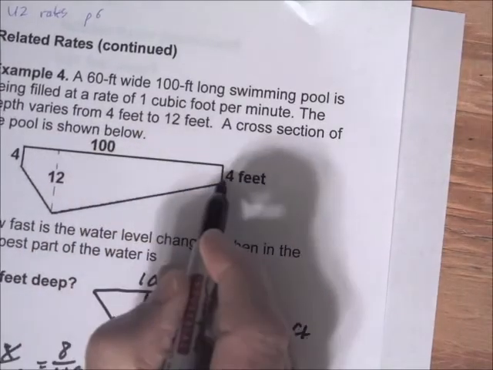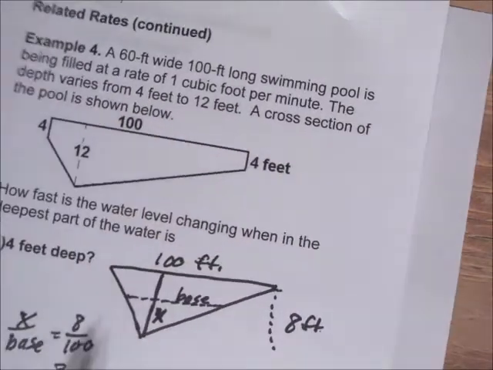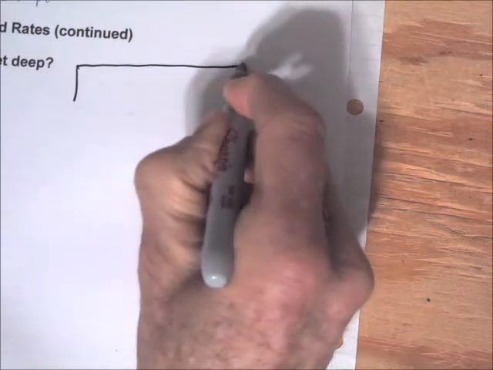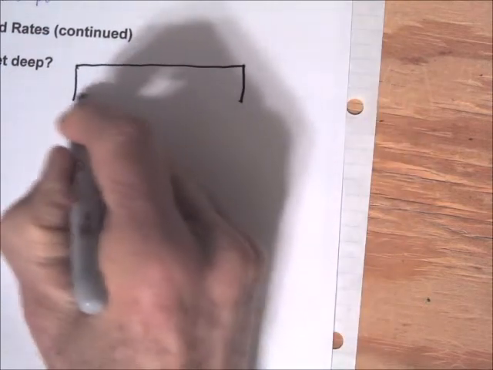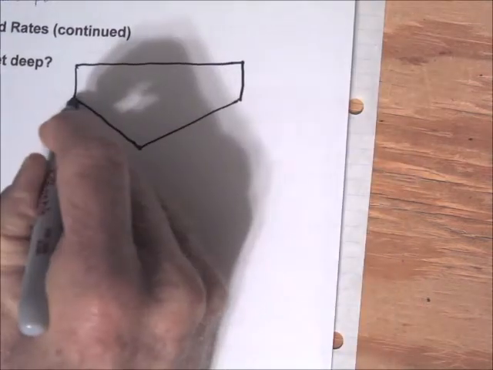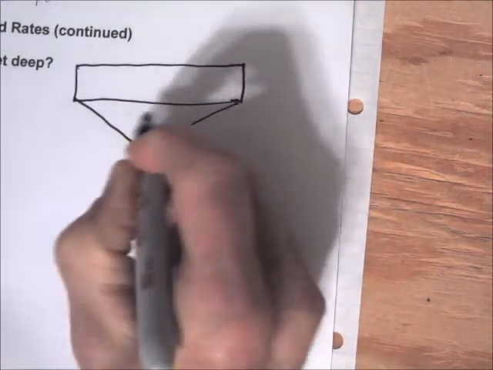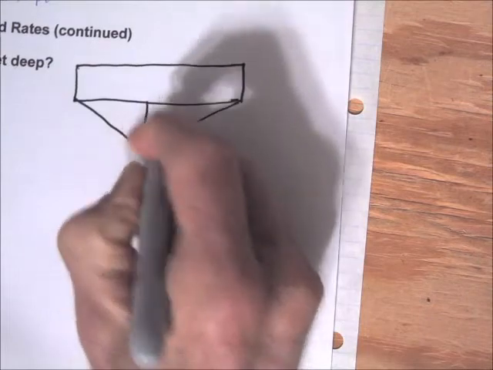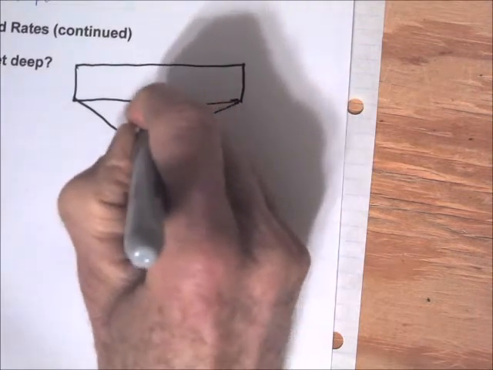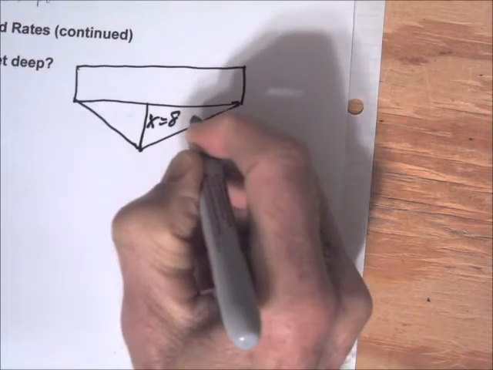The top 4 feet form a rectangle, so this is going to be on the boundary between the two. We have a triangle portion here, the first 8 feet, and then we have a rectangular portion on top of that.